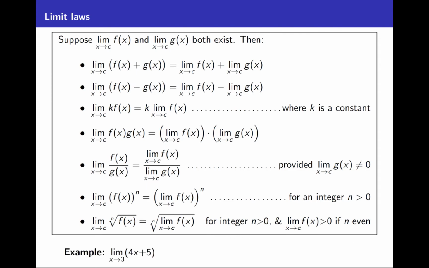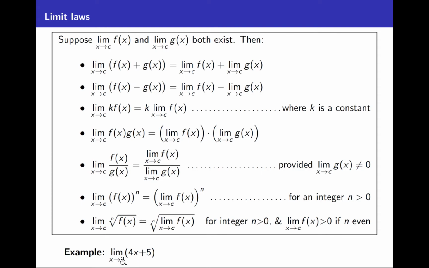Let's look at a quick example using these limit laws. The limit as x approaches 3 of 4x plus 5. Even without thinking of these limit laws, I'll bet you immediately see the answer. But still, we're going to go through and apply the limit laws very carefully, just to illustrate them. Things will get more complicated in due time.